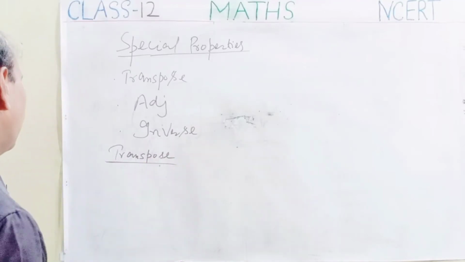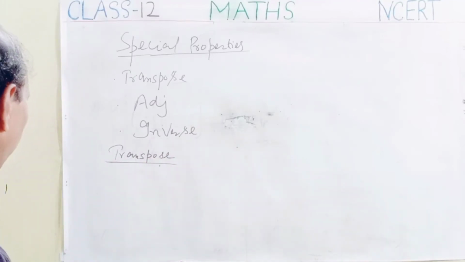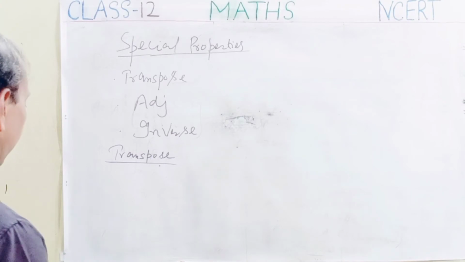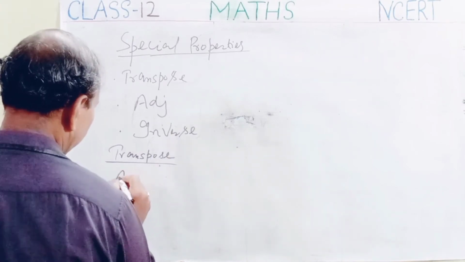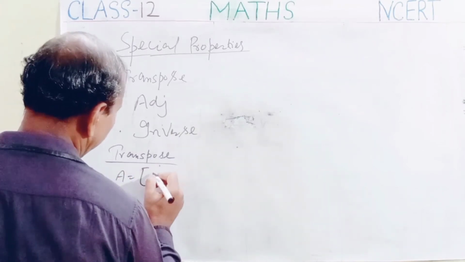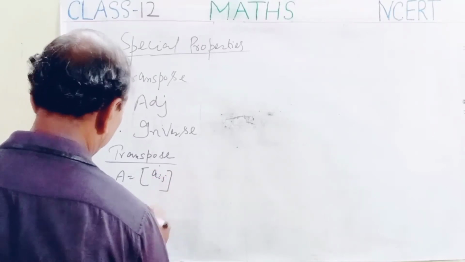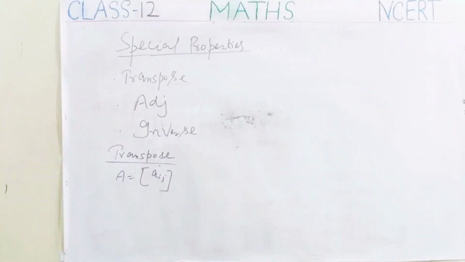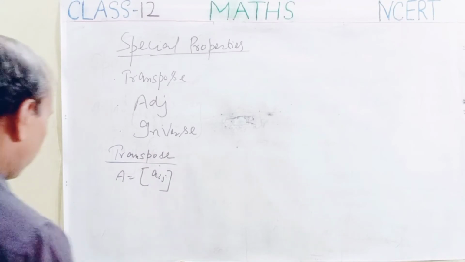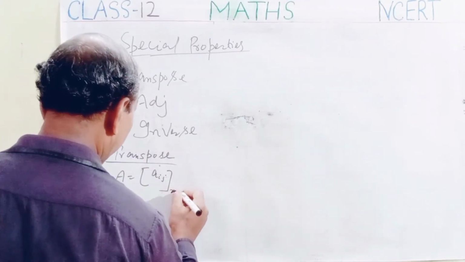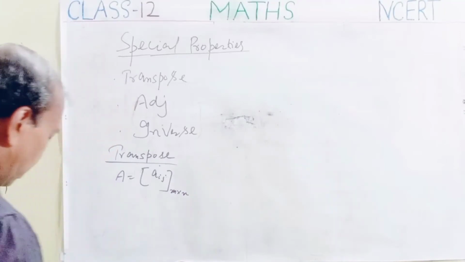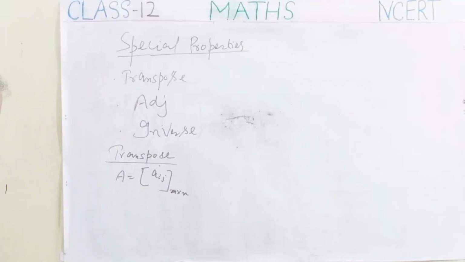So how to define the transpose? Let's suppose I have one matrix A, denoted by Aij, and this matrix is of the order m cross n. Now I want to find its transpose.